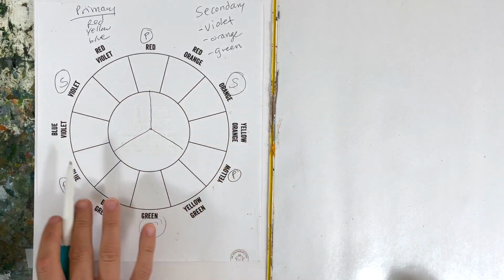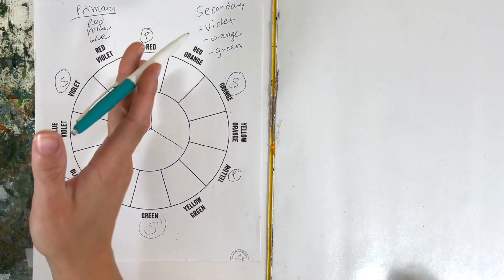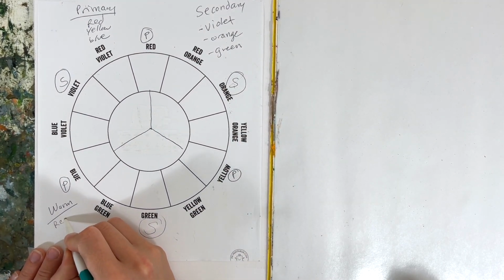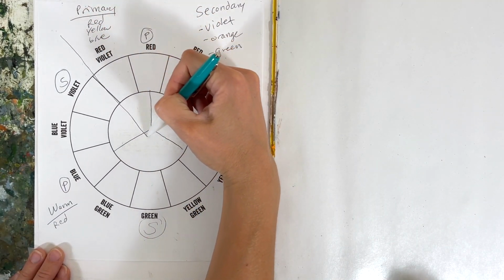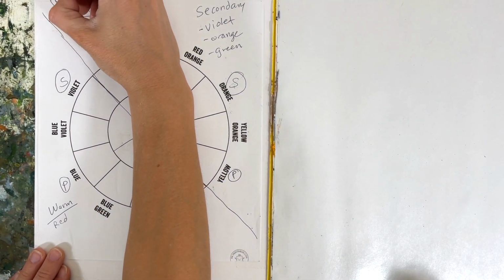A couple other things I want to talk about before I actually fill out this color wheel is that we have warm colors and we have cool colors. Warm colors are basically like this half is warm.